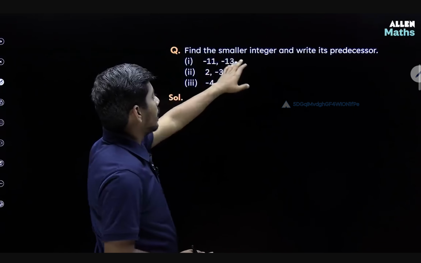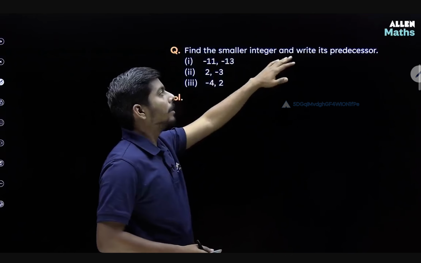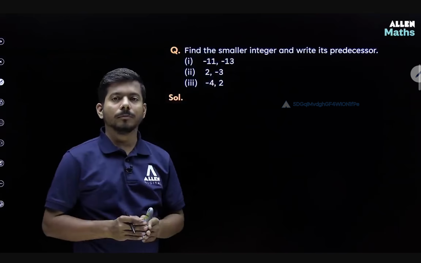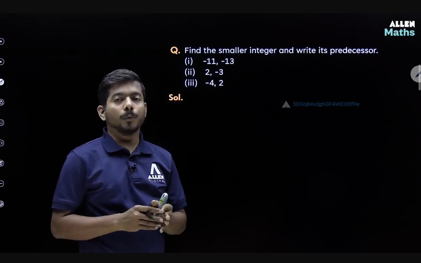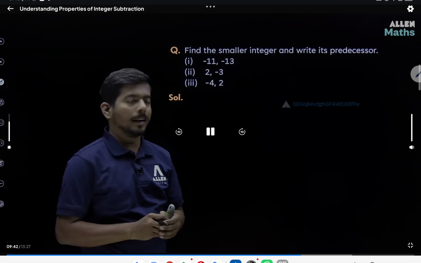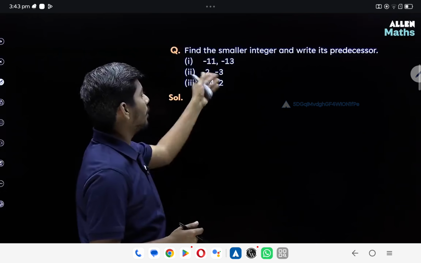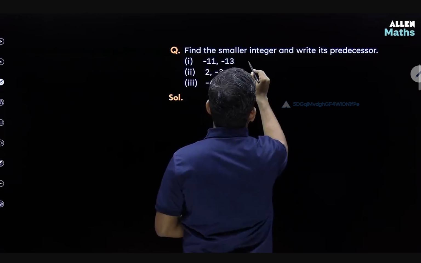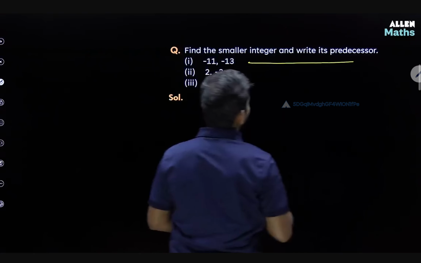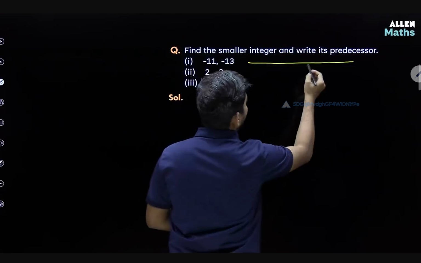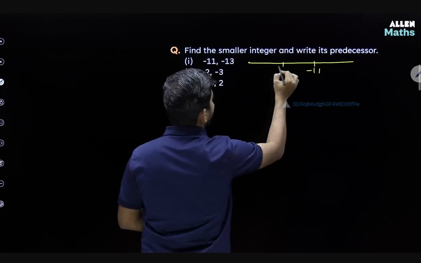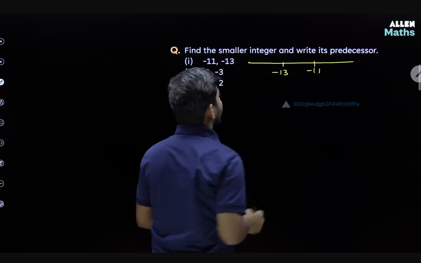Find the smaller integer and write its predecessor. So see, we have one trick to identify which is the smallest one, right? Now imagine we have the number line, for -11 and -13. So we know that -11 will be somewhere here and -13 will be here.